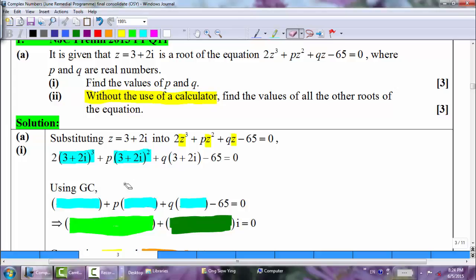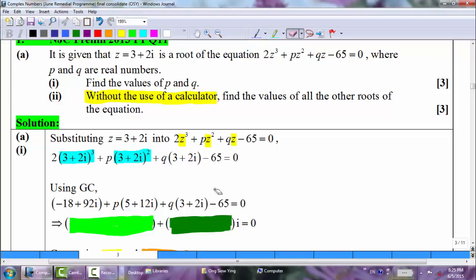So you just need to use the GC and you would be able to work out the expressions, and from there you will be able to simplify the equation further before you find your P and Q.